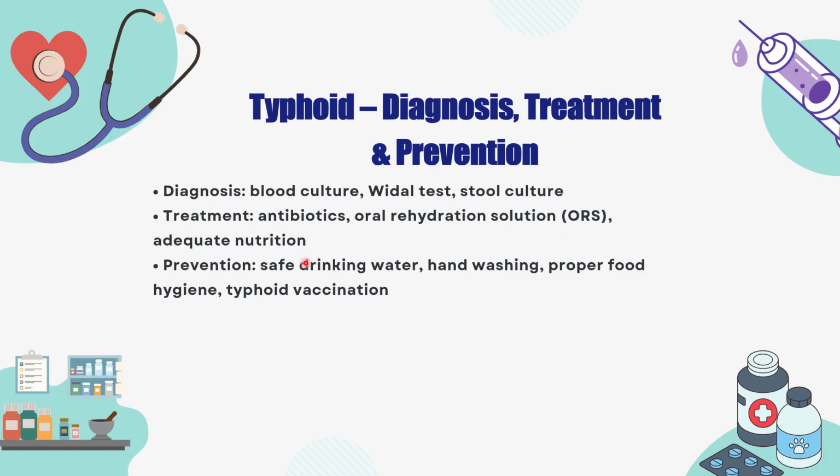Adequate nutrition is also essential for the recovery of the patient. Prevention can be done by safe drinking water, hand washing after toilet and before eating food and drink, and proper food hygiene, avoiding spoiled food. Typhoid vaccination can also prevent the disease.